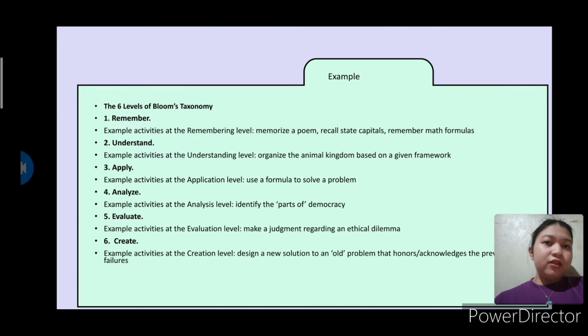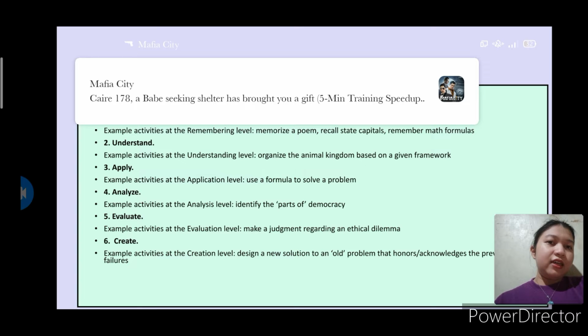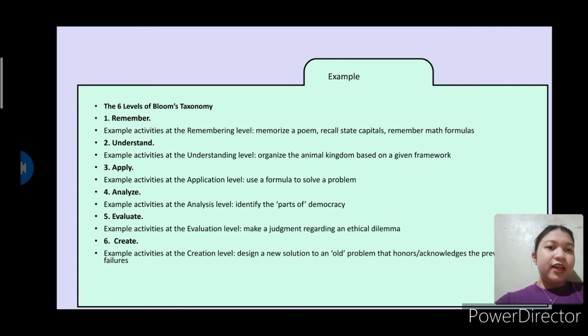Here is an example of the 6 levels of Bloom's taxonomy. Remember: example activities at the remembering level are to memorize a poem, recall state capitals, remember math formulas. Level 2, understand: organize the animal kingdom based on a given framework.